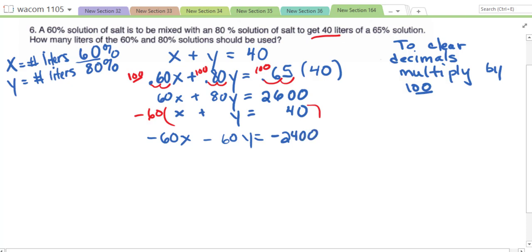All right, I'm just going to recopy the other one so that I have them right together. Right, so I multiplied the -60 times the x plus y.